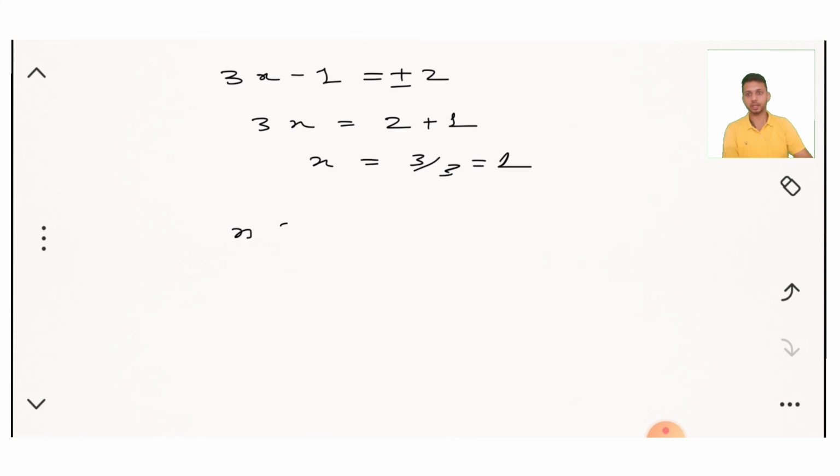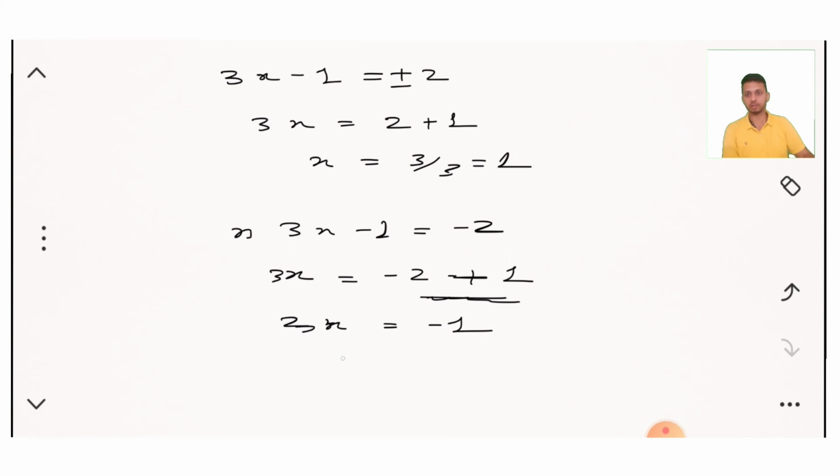And the second case, 3x minus 1 is equal to minus 2. So 3x is equal to minus 2 plus 1, so x is equal to minus 1 by 3.